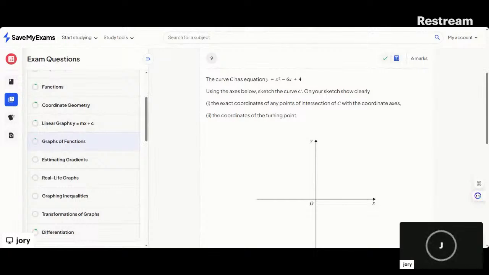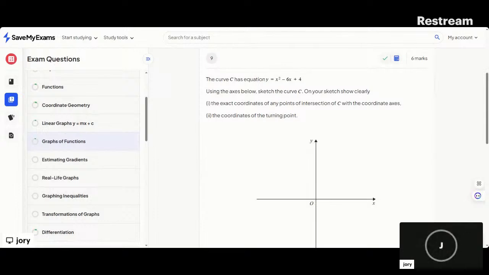3 squared is 9 minus 6 times 3. What? 18. Okay, minus 18 plus 4. So it's going to be 3, negative 5. That's the turning point.